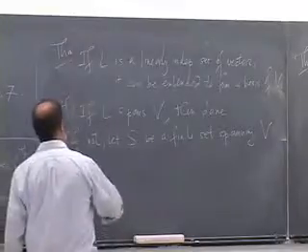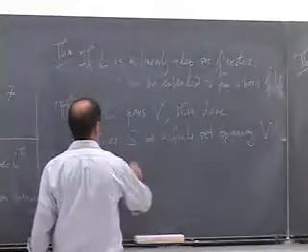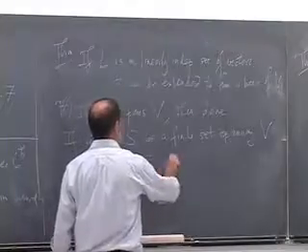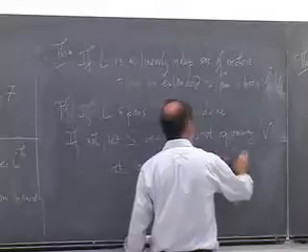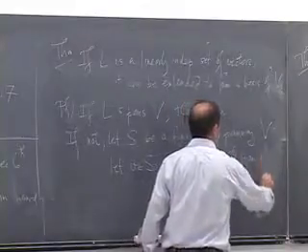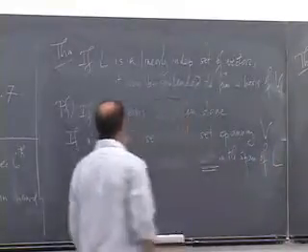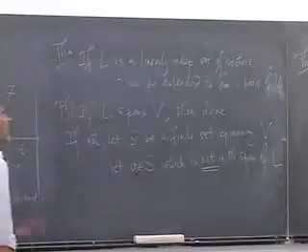And let v be an element in S which is not in the span of L. Now there has to be such a vector in S which is not in the span of L.